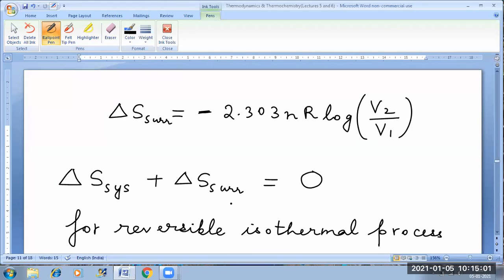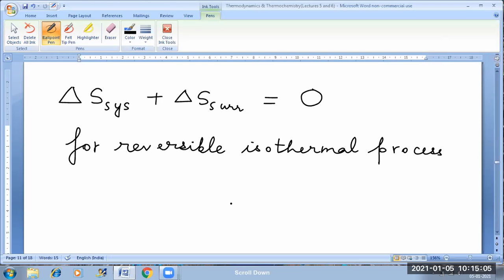Similarly, for an adiabatic process also we can do. If it is a reversible adiabatic process, what will happen? For delta S system, q will be 0. Exactly.